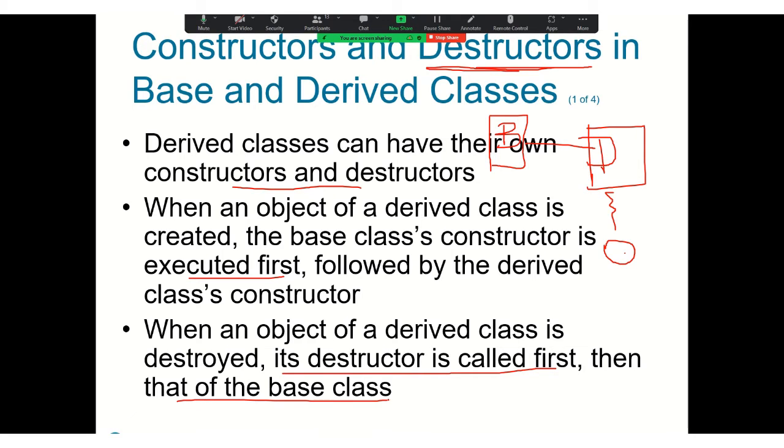So whenever we talk about the constructor, the base class comes first, derived class comes second, but when you talk about the destructor, the base class is second, first comes the derived class. So it's just the opposite order.